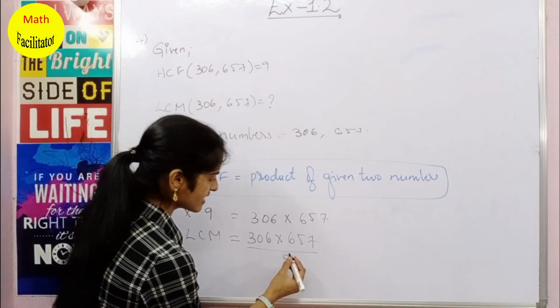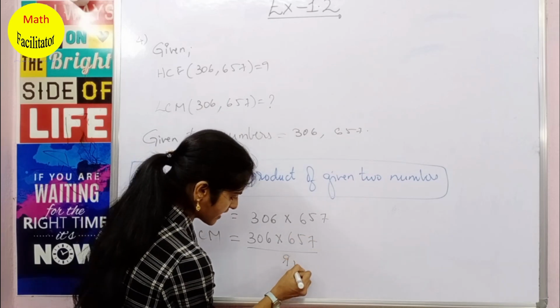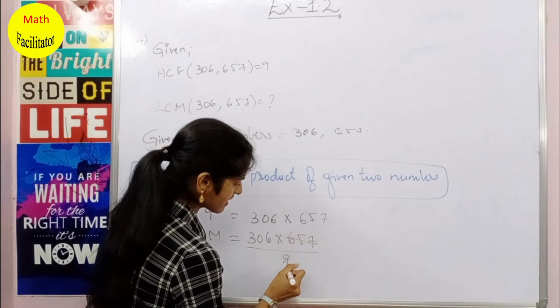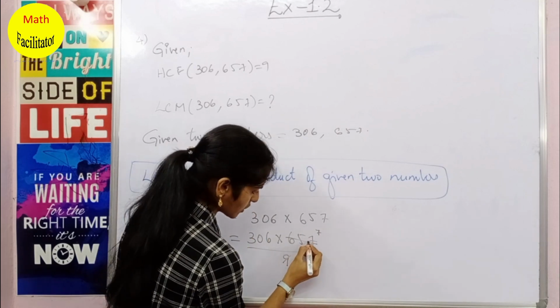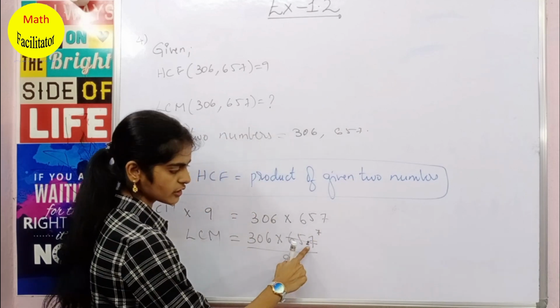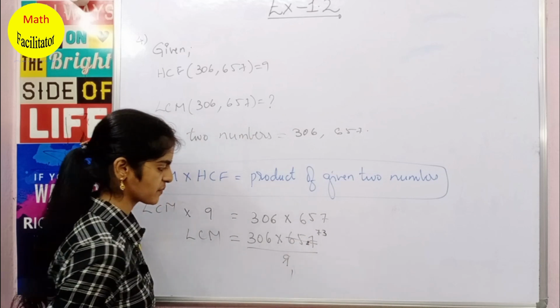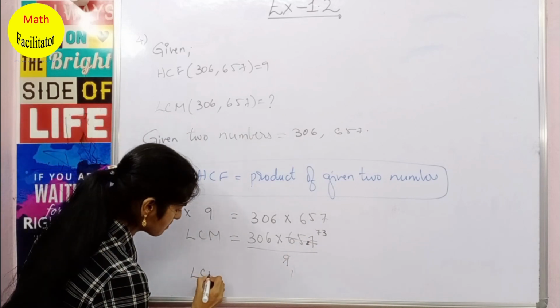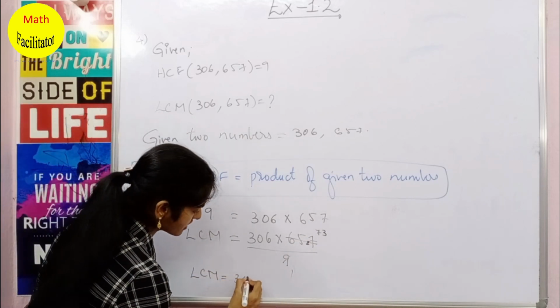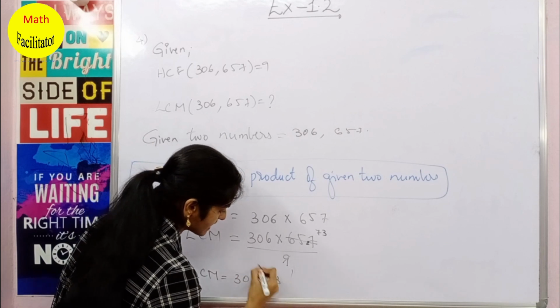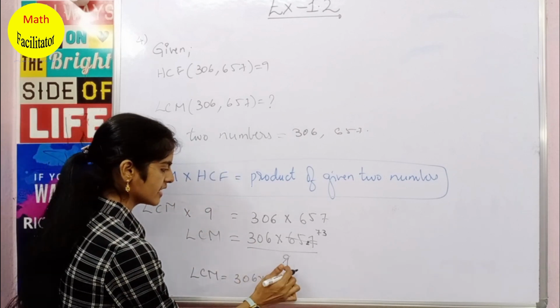Now let us try to solve it. So 9 sevens are 63, so 2 is a remainder, you have 27, 9 threes are 27. So LCM is nothing but 306 multiplied by 73. Let us do it here.